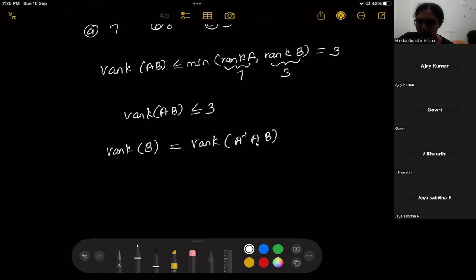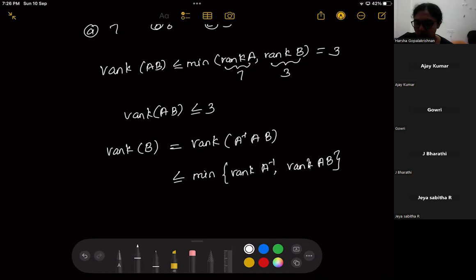So I can write rank of B as rank of A inverse AB. A inverse AB means A inverse into AB. So this is less than or equal to the minimum of rank of A inverse and rank of AB.